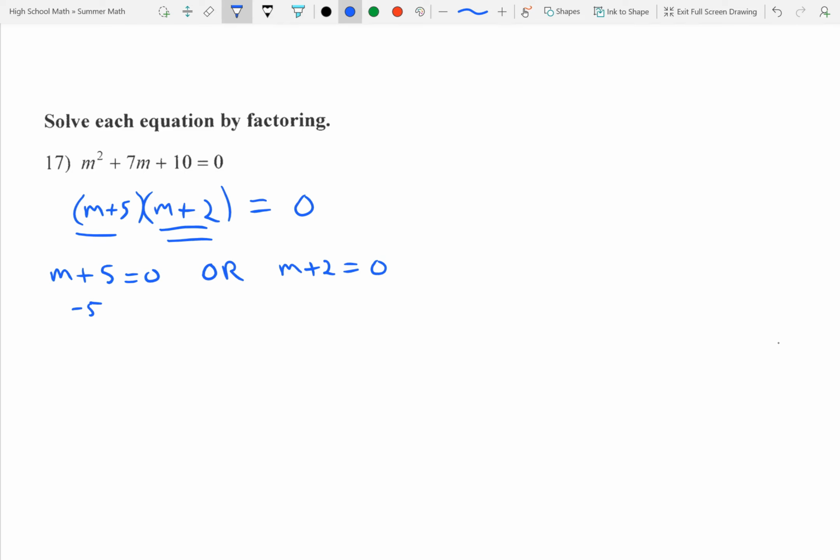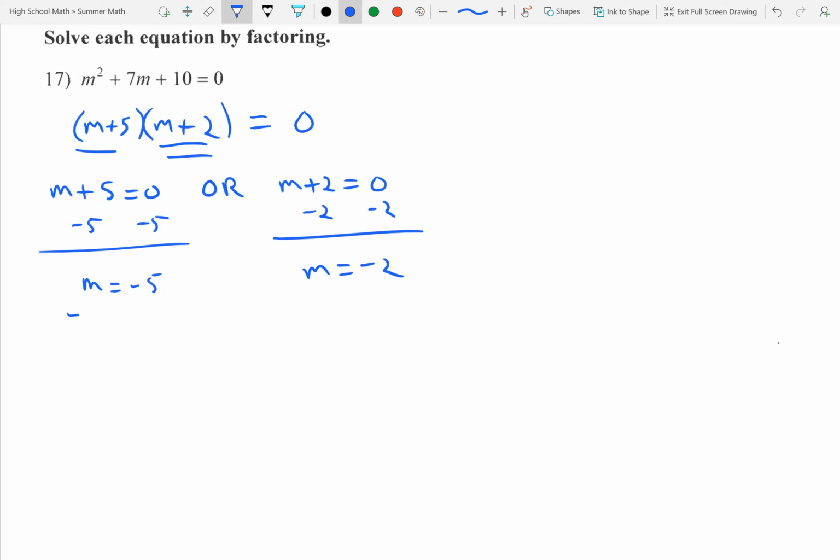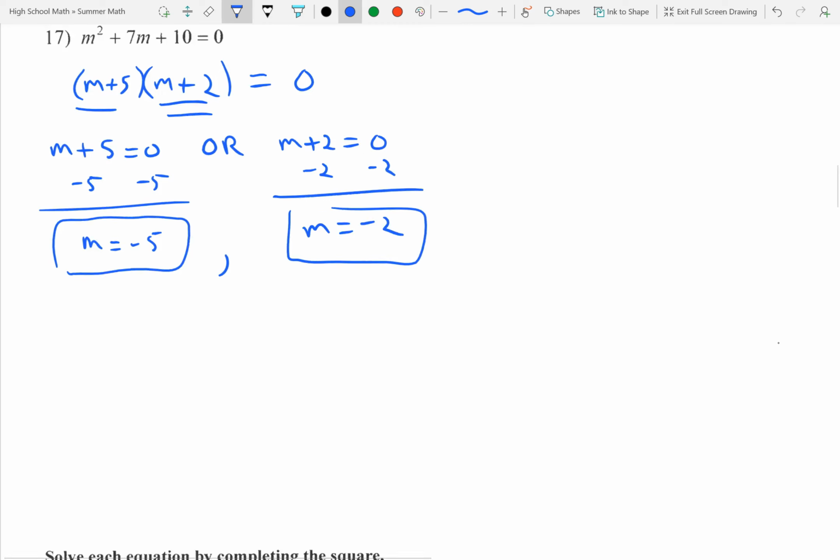Here subtracting 5 from both sides, we get m is minus 5. Here subtracting 2 on both sides, we get m is minus 2. These are our two solutions. m is minus 5 and minus 2.